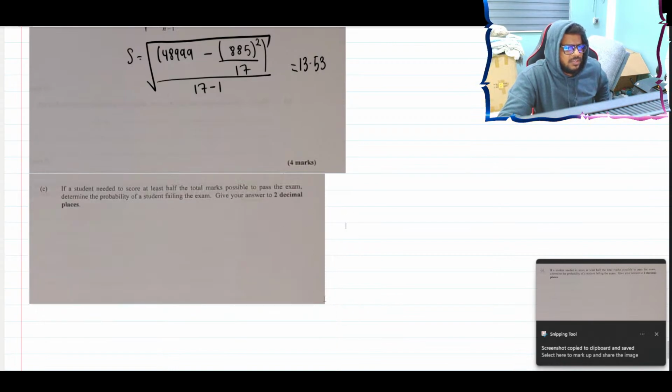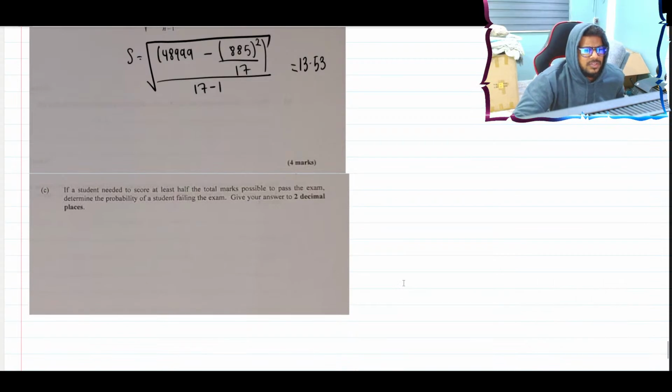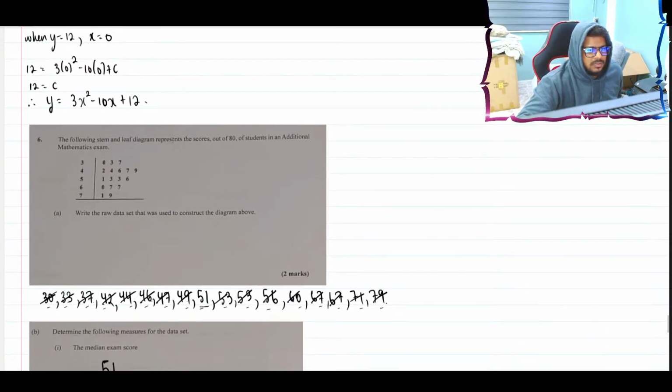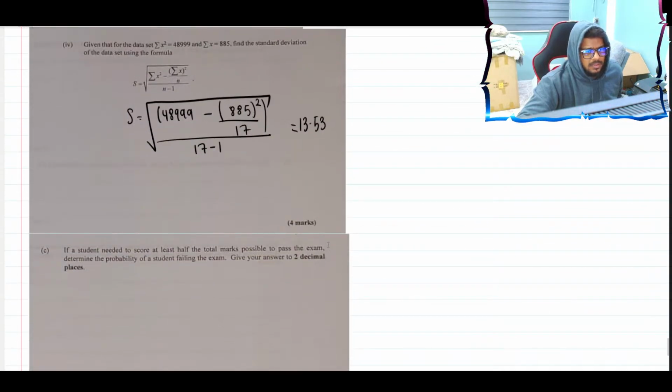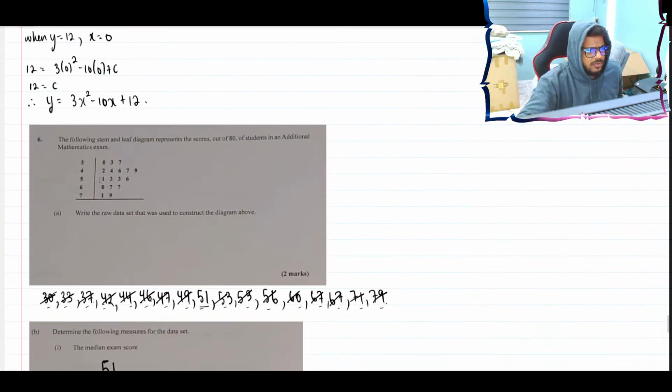If a student needed to score at least half the total marks possible to pass the exam, so at least half, was the exam out of 100? Given him, read the information. Out of 80. All right, so if he has to score at least 40, it means he has to score 40 and more to pass the exam. Determine the probability of a student failing. So how many students failed? Who got 40 and less?